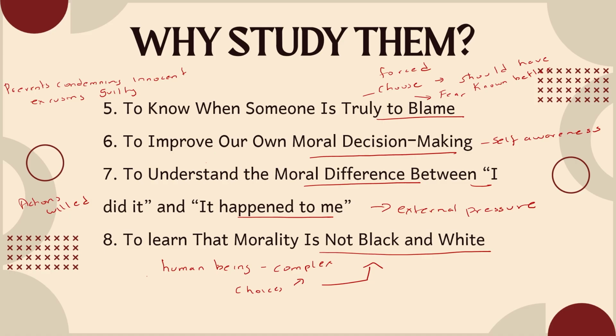You have to apply various principles and see, did it fit, did it not fit. So it's a long process, it is not something that you can say straight away. So this is basically with regards to the reasons why we study these modifiers of responsibility.